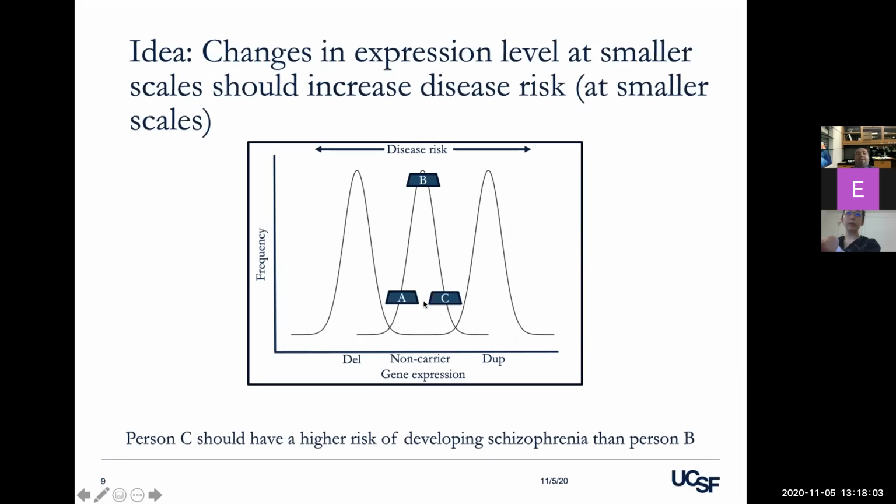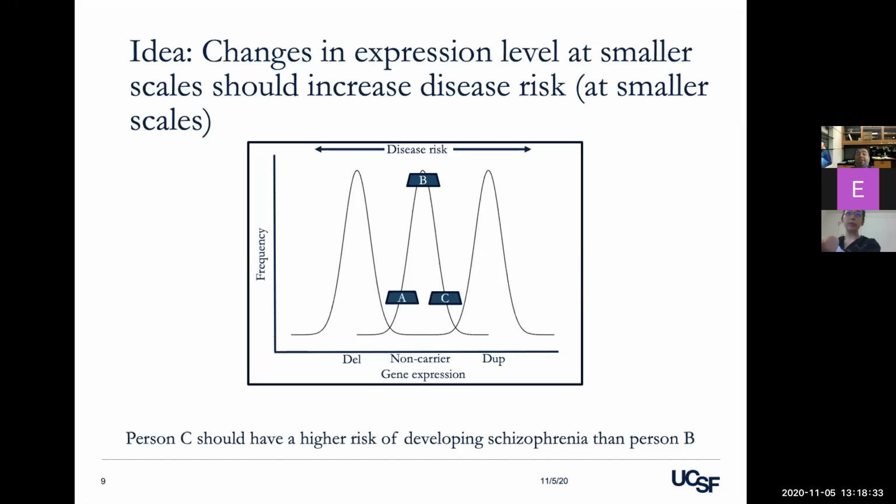And non-carriers will have some other range of expression that'll intersect duplication and deletion carriers, but will probably not be as extreme. So consider person B. Person B does not have deletions or duplications. Person B has some very average expression of that gene. Person C, on the other hand, has increased expression of this gene.